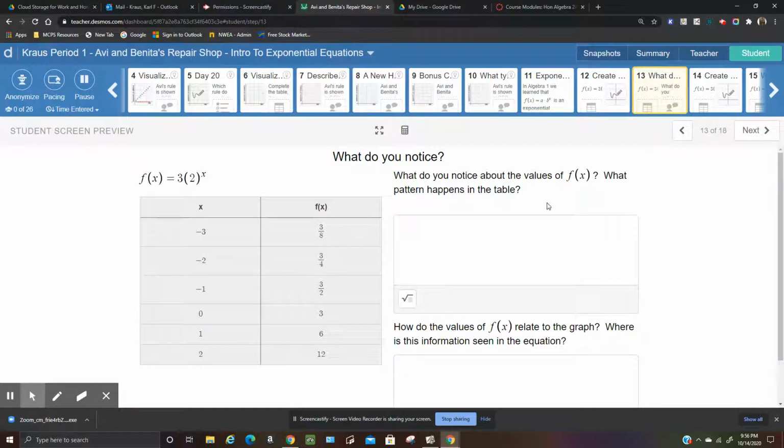What do we notice about f of x? What pattern happens in that table? So you're multiplying the previous value by 3 here.